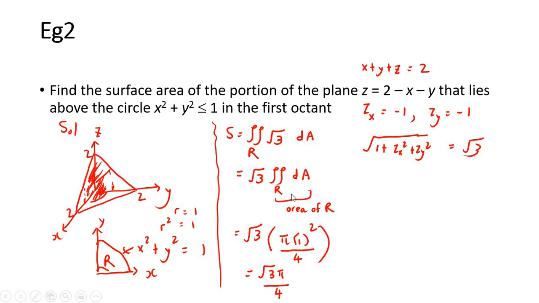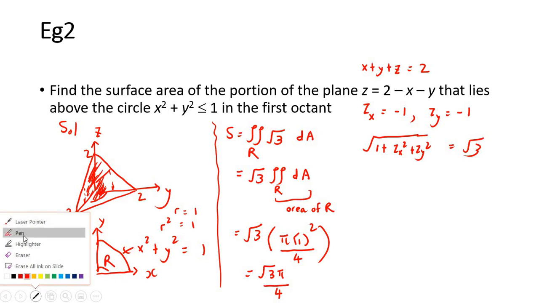No need to use the double integral in polar coordinates because we know this is the area of region R, which is given by pi over 4. But if you want to use the double integral, you also can.